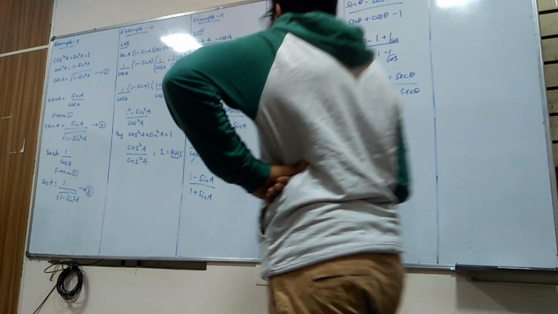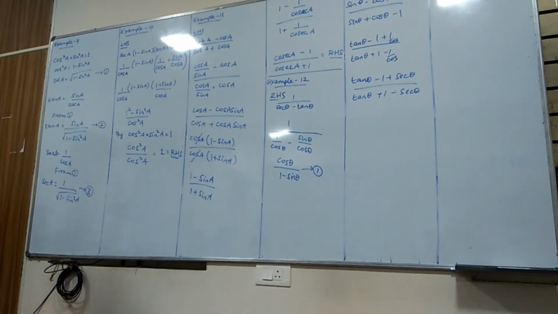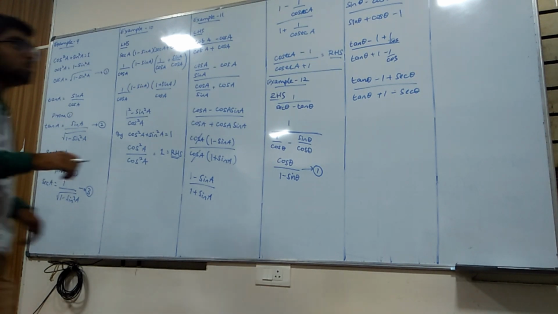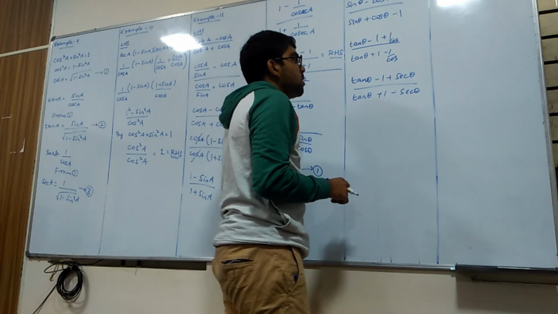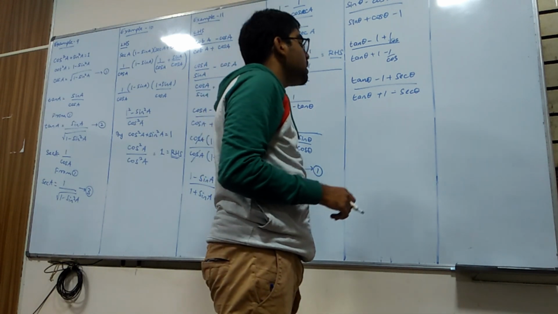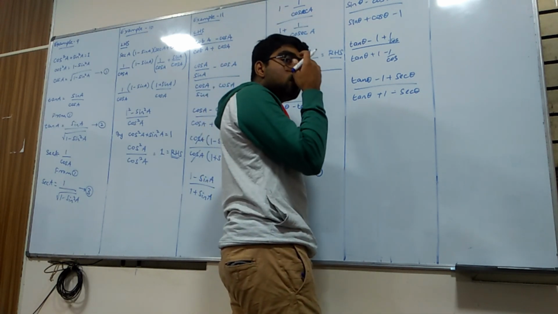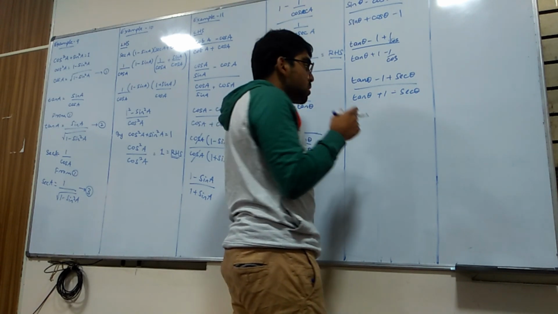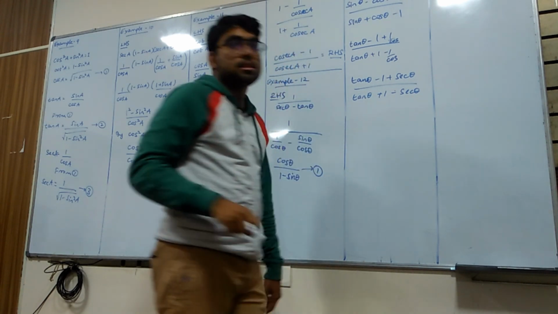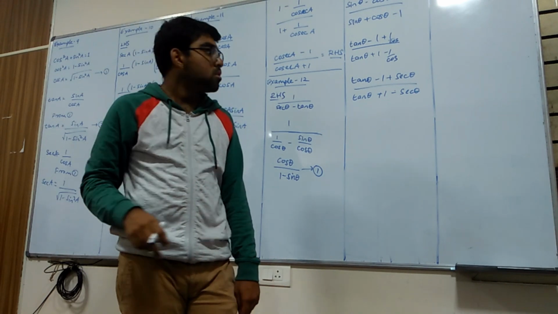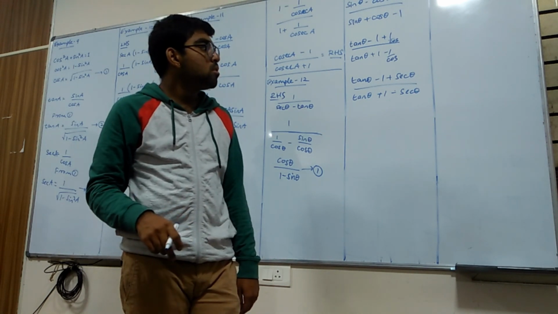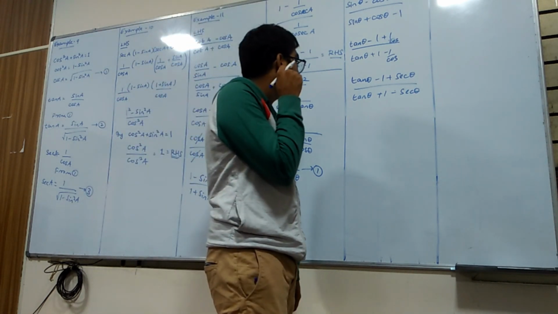Signs are correct. Now, you know secant theta minus tan theta is 1. So minus secant theta plus tan theta is there, square.